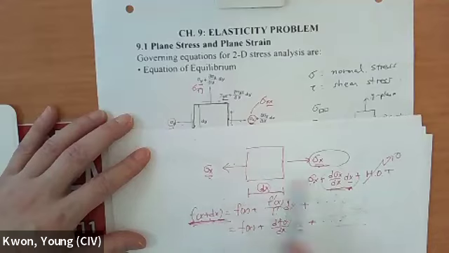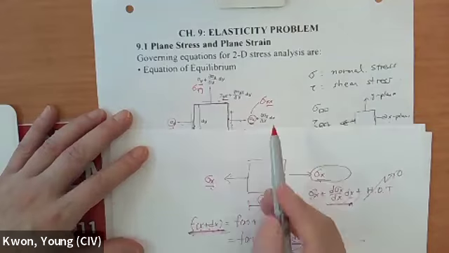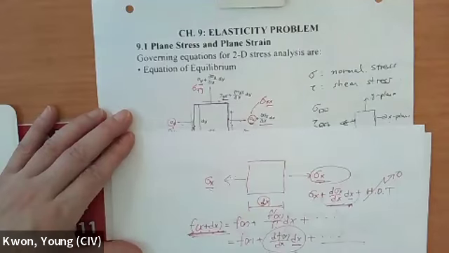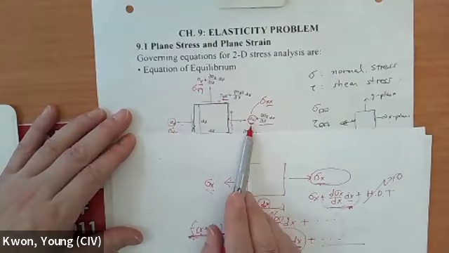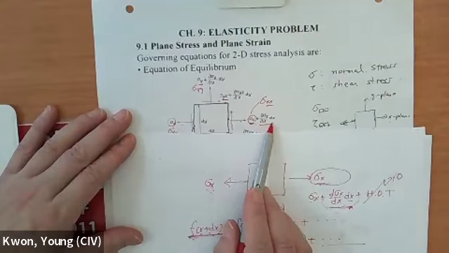That would mean everything is uniform throughout the whole domain, which is not correct. So you have to include at least the first order. That's what we have here. So this is sigma x, and this is sigma x plus partial sigma x over partial x times dx, from the Taylor series expansion.